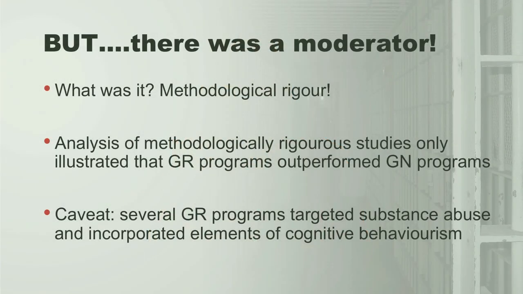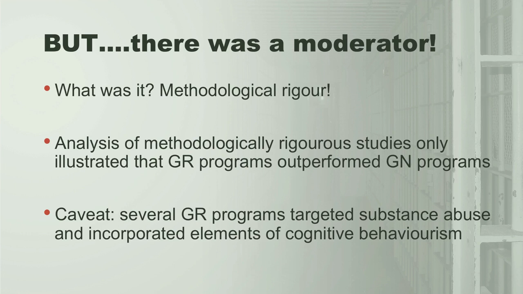One caveat, though, I want to make is that several of those gender-responsive programs weren't pure gender-responsive programs in the sense that they didn't just target hypothesized female-specific factors, but they did also incorporate some of the gender-neutral stuff as well. More often than not, the gender-responsive programs were targeting addiction, substance abuse, and incorporating elements of cognitive behaviorism, but they were just administering the programs in a gender-responsive way.